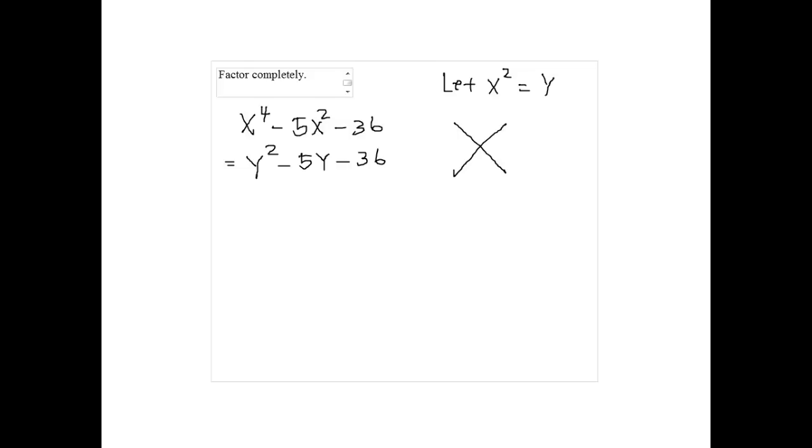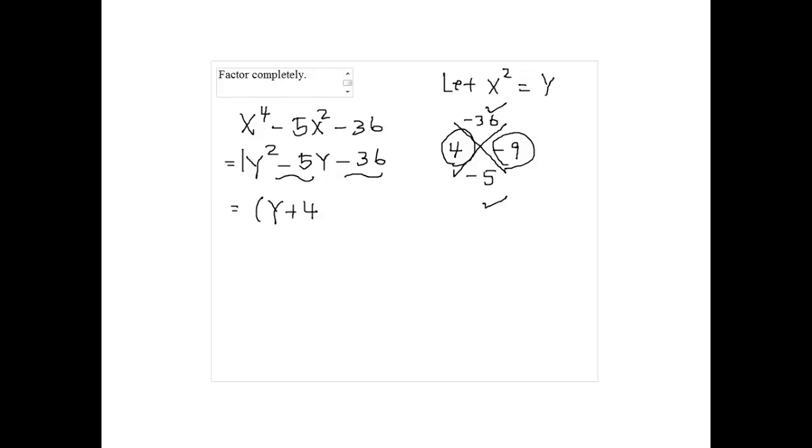By using the X chart, we have negative 5 on the bottom, and 1 times negative 36 goes on top. So 4 times negative 9 gives us negative 36, and 4 plus negative 9 gives us negative 5. So 4 and negative 9 is the right combination.